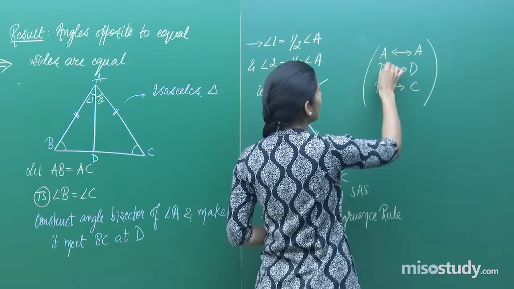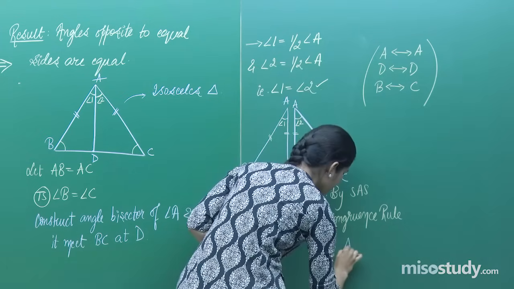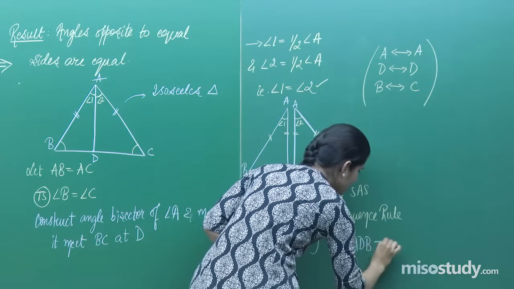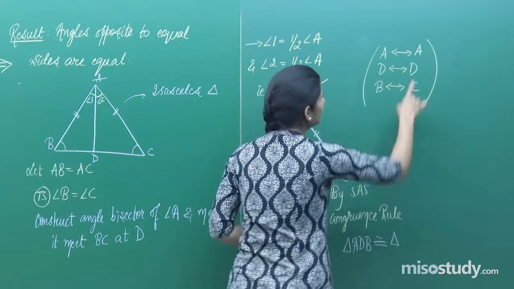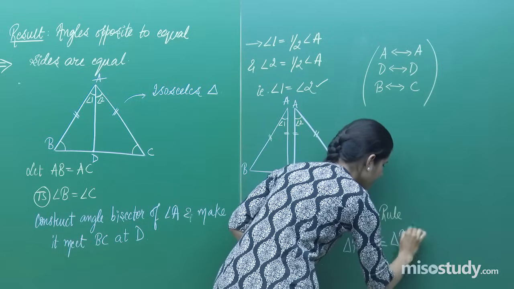Okay, so I write triangle ADB is congruent to triangle ADC.